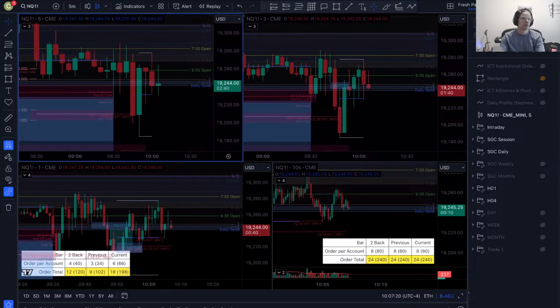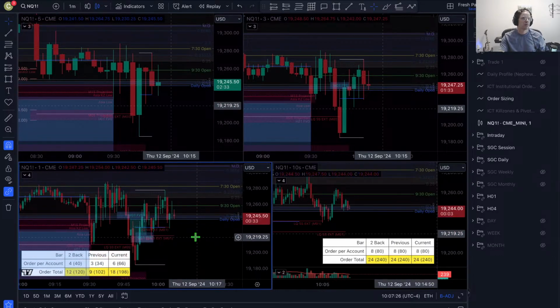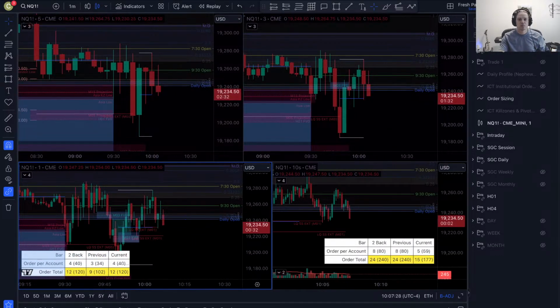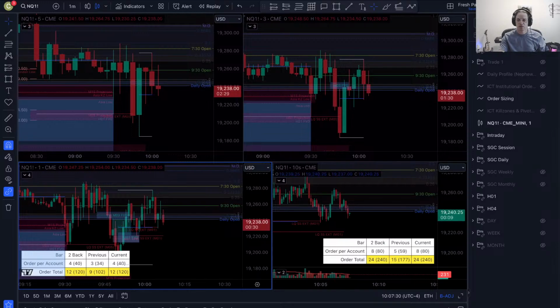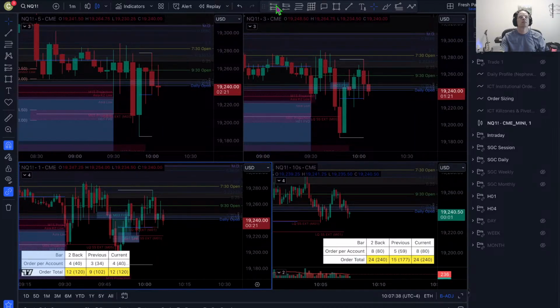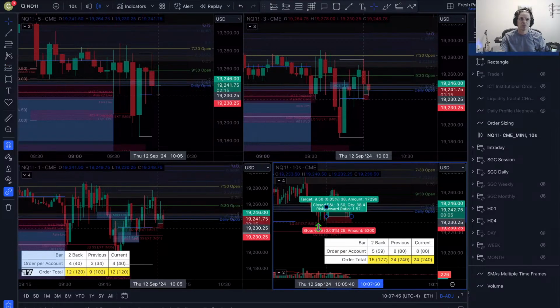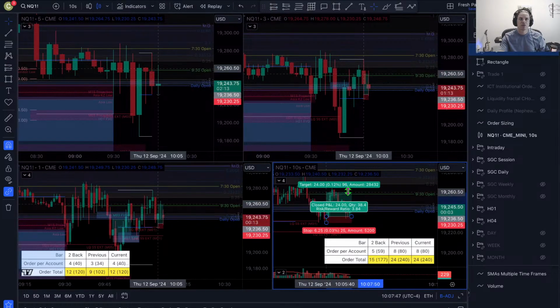One minute's not looking too good off of that. Comes back down. So I had this crazy trade right here. I was way undersized though. Unfortunately.